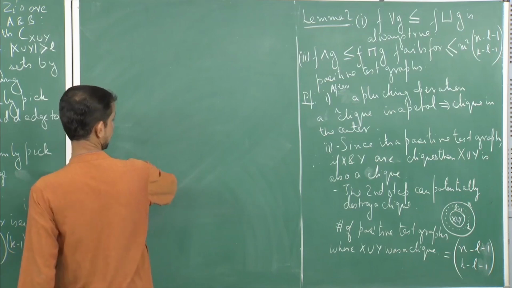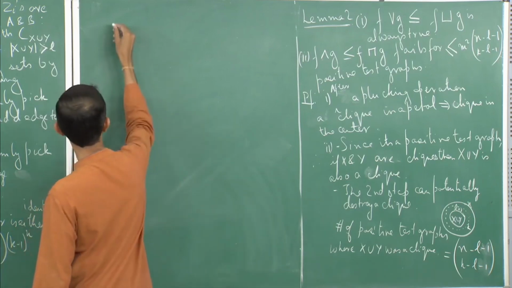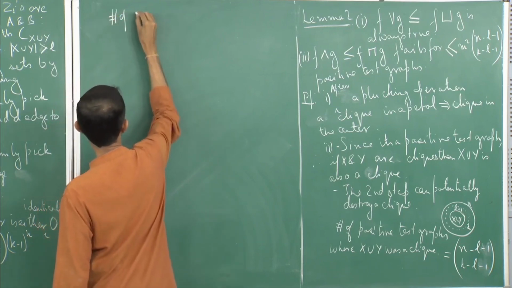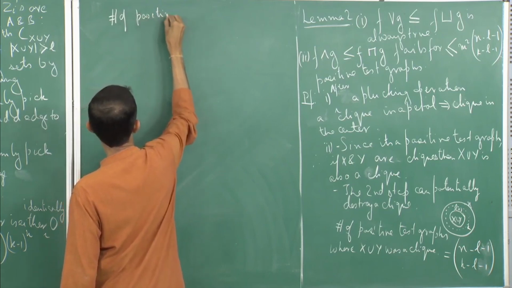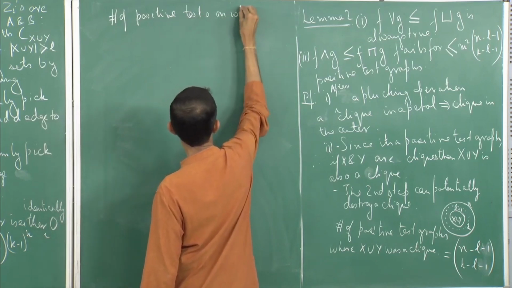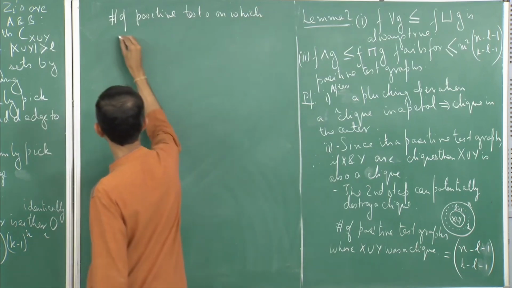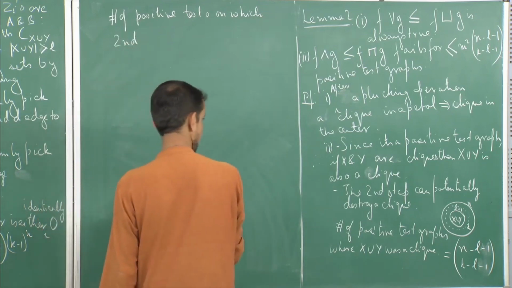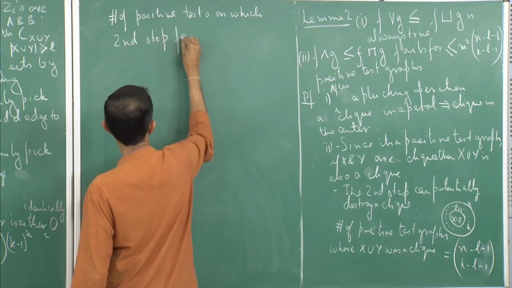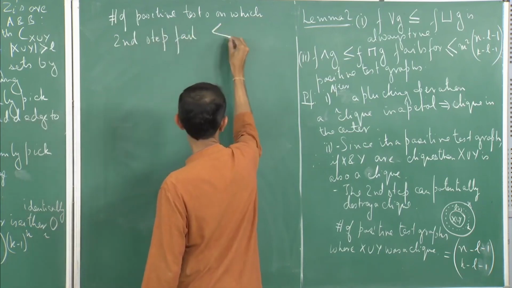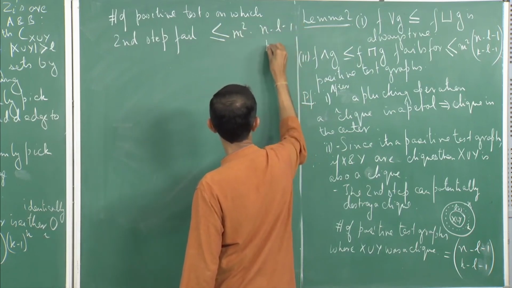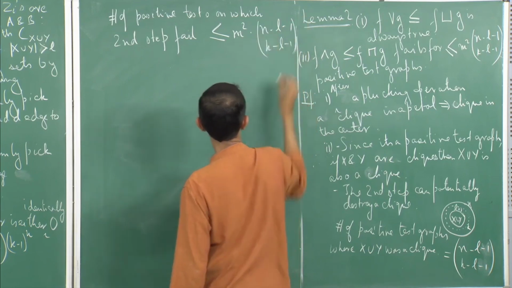So, anyway, the number of positive tests on which the second step fails is at most m square into n minus L minus 1 choose k minus L minus 1.